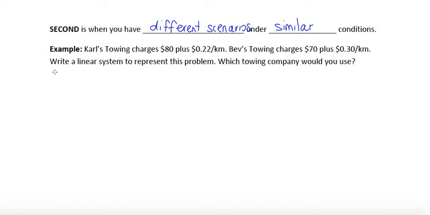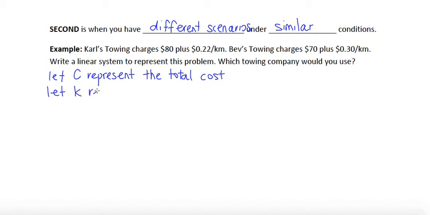So let's start by identifying our variables. So let's let C represent the total cost. And then let's let K, for example, represent the number of kilometers that you're towing.